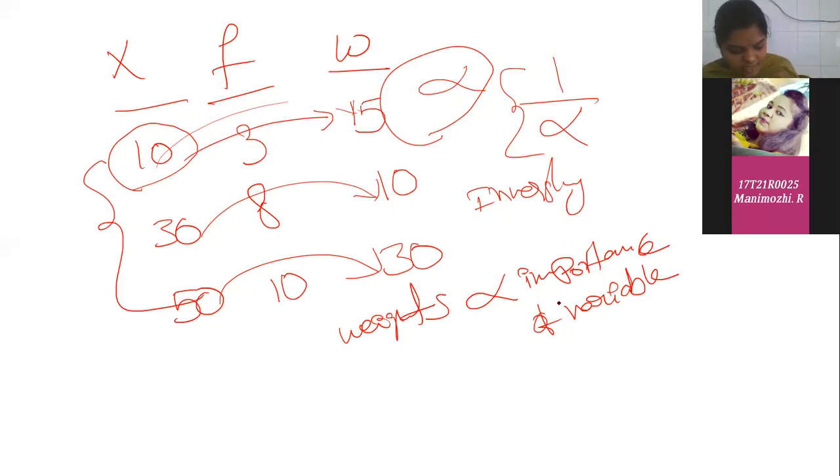So for the definition of the weighted arithmetic mean, put a subheading like definition.